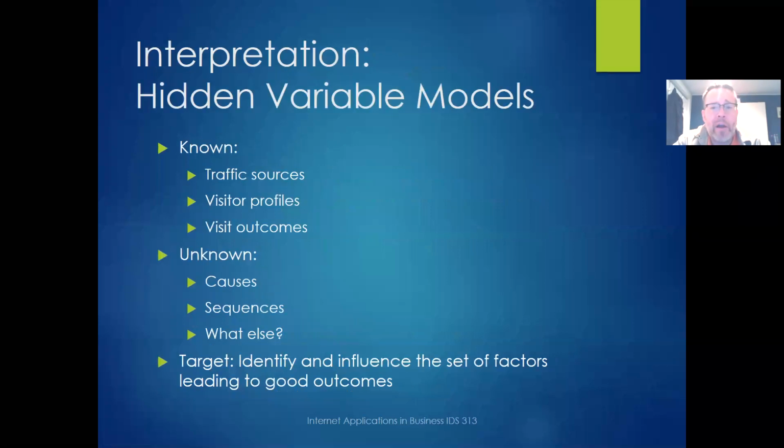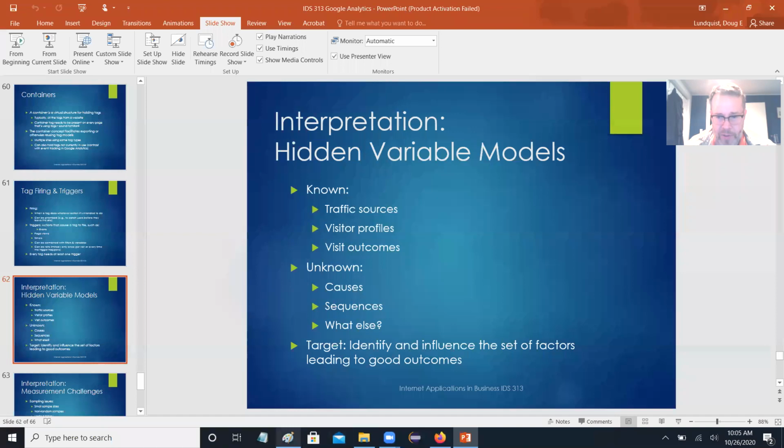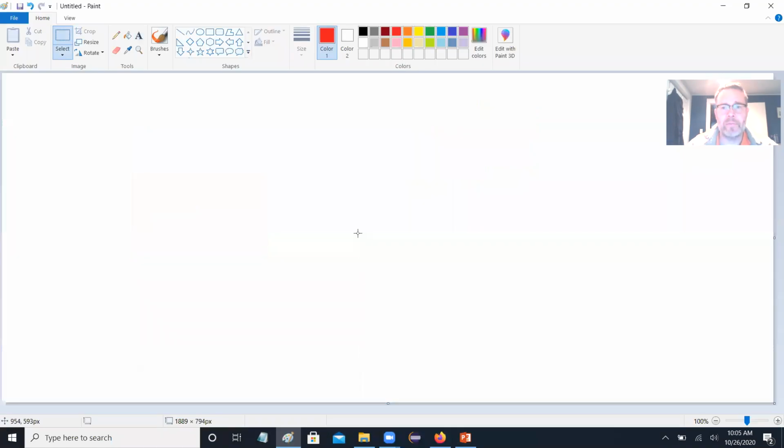So key things, hidden variable models. In general, you don't know exactly what's going on your site. So I'm just going to talk about how this works in the real world, and then in the physical world, and then we'll talk about how it translates to Google Analytics.